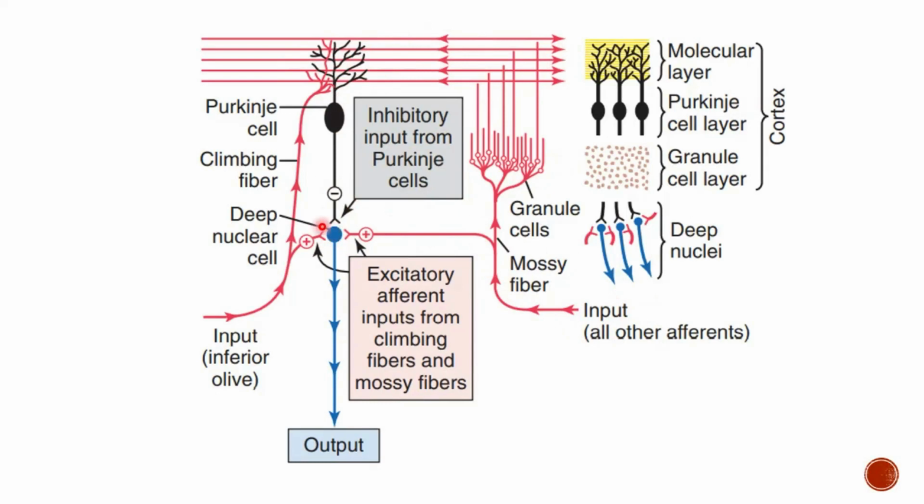So the deep nuclear cell has excitatory afferents coming from the climbing and the mossy fibers, and an inhibitory input from the Purkinje cell. This excitatory and inhibitory input ultimately converges here. The deep nuclei is going to calculate both the excitatory and inhibitory effect, and a fine-tuned output is going to go out of the cerebellum.